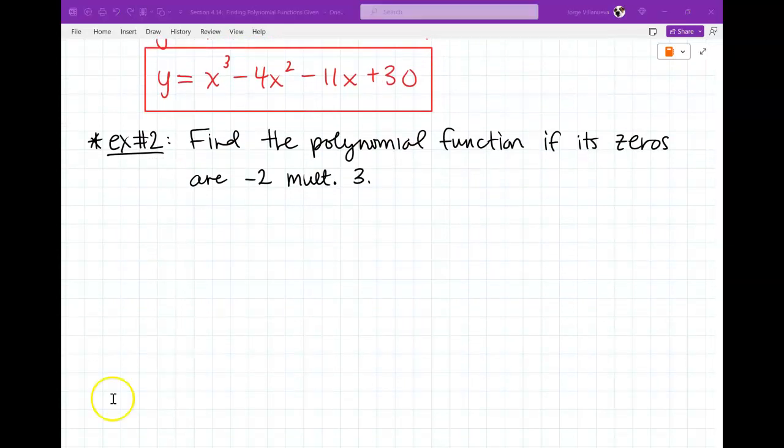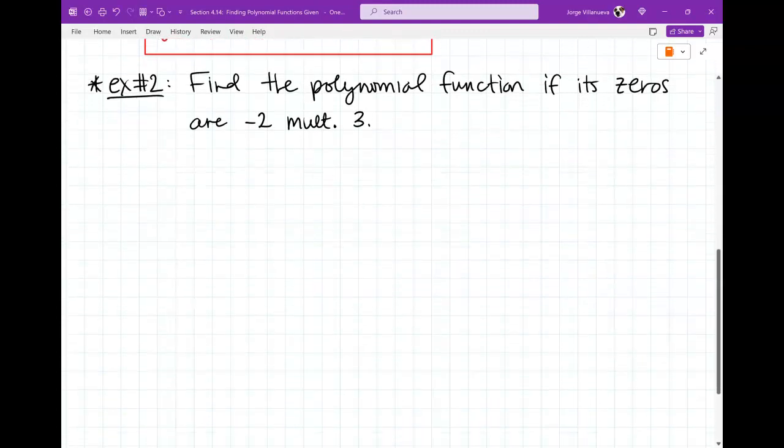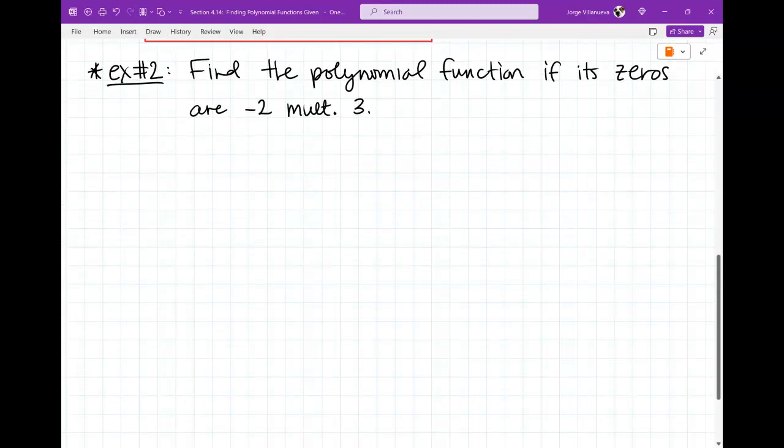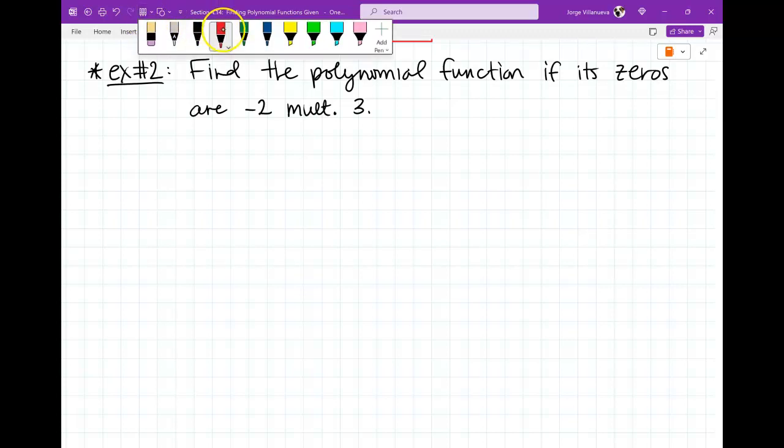I'll pause it. All right, so for example 2, we're going to find a polynomial. Again, we're going to write an equation. But the zeros, notice I use the word zeros instead of roots, right? The zeros are -2 multiplicity 3. So what does that mean? How many times does -2 pop up? 3 times, right?